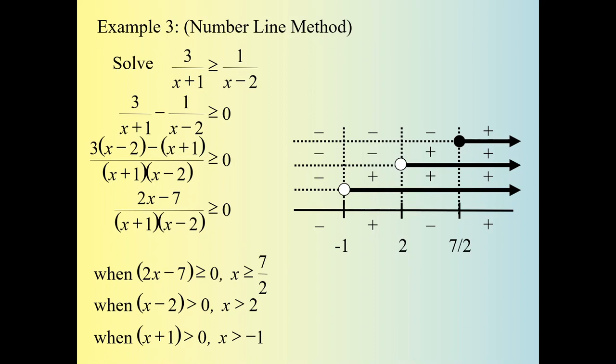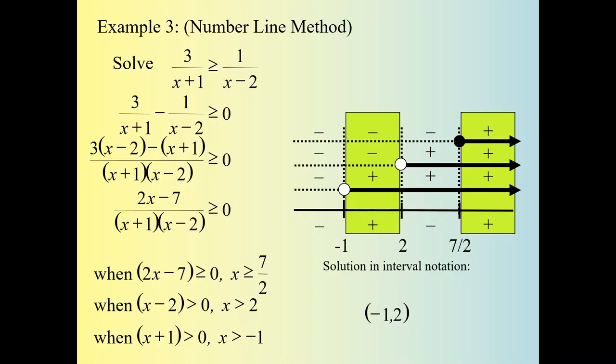From 2 to 7/2, it is negative. And more than 7/2, it is positive. Since the inequality sign is greater than or equal to 0, the intervals with the positive sign are selected. So the solution will be (-1, 2) union [7/2, infinity).